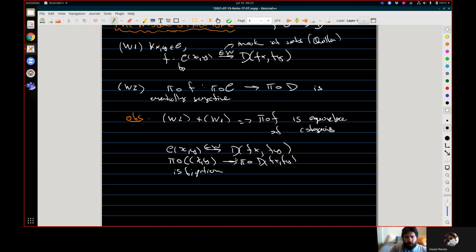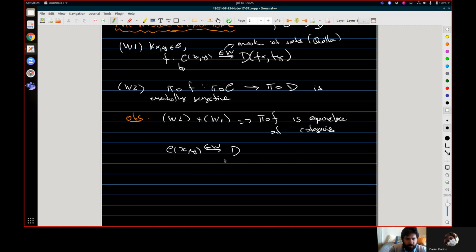Okay, so the condition saying that this is essentially surjective is saying that we have a fully faithful functor here, because this map is a bijection for all x and y, and is essentially surjective. So it is an equivalence of categories.